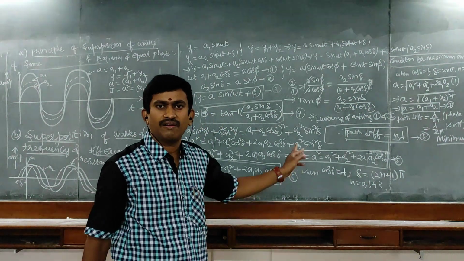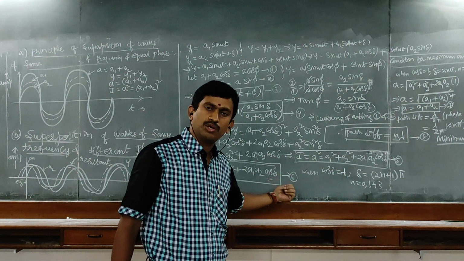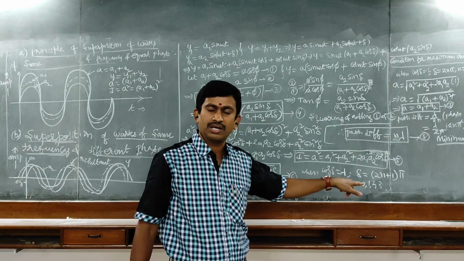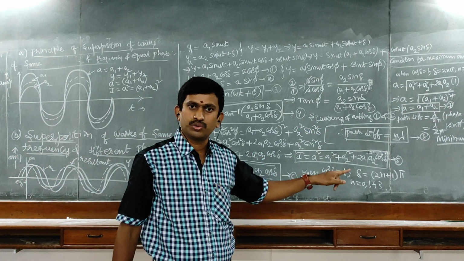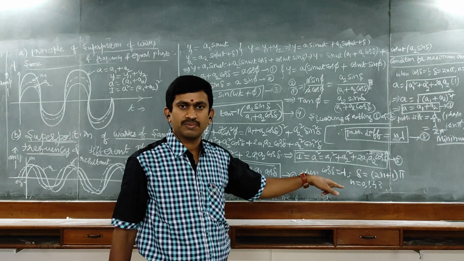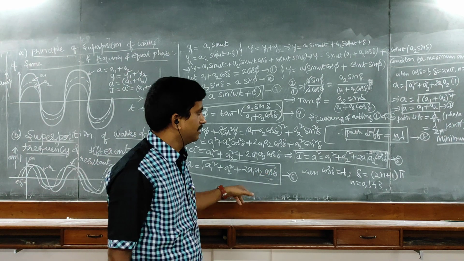If we substitute the value of n as 0, then cos delta value becomes minus 1. If we substitute n as 1, cos delta value becomes minus 1. Similarly 2, its value becomes minus 1 only. Similarly, if we substitute 3, its value becomes minus 1 only.